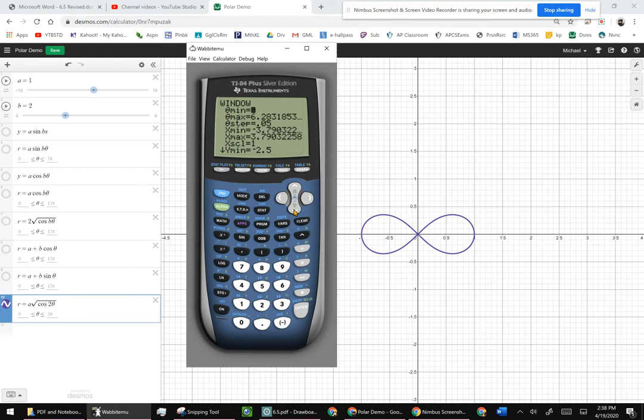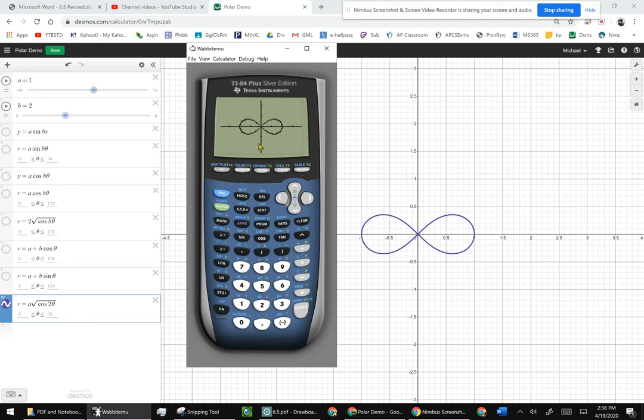So I can go there and make it 0.01, hit graph. But the problem is now I'm asking the calculator to do a lot more, and there's still a gap over there. And notice there was a time where it wasn't doing anything, and that has to do with the domain. So we'll talk about that in a moment. But you guys get the idea. So that's how it looks.